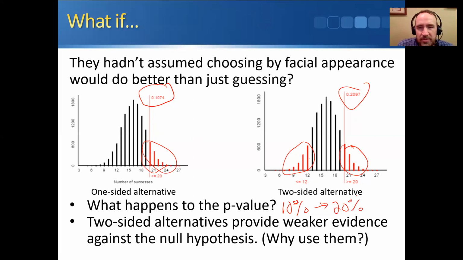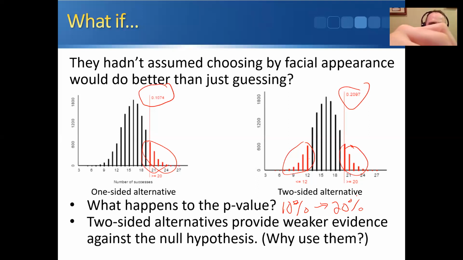What does that mean if we have a higher number for a p-value? That means that we have weaker evidence, right? The strongest evidence is the lowest in that little table. Below 1% is the strongest evidence. As we go higher in that table, we have weaker evidence.